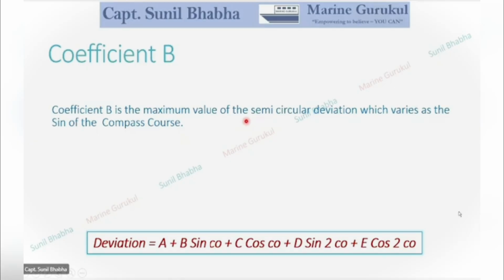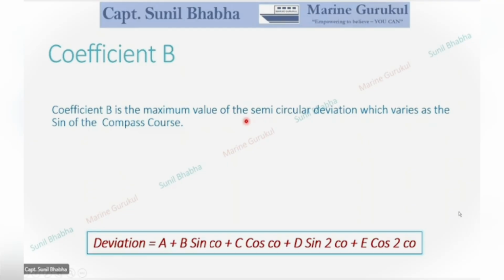A deviation which is of one single name for a semicircle, that is 180 degrees, and in the other semicircle, the remaining 180 degrees, it gets an opposite name, is called a semicircular deviation.